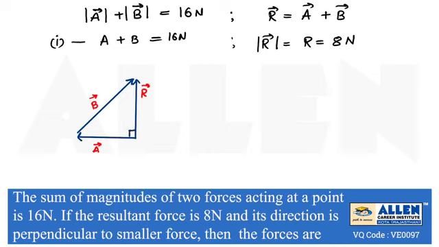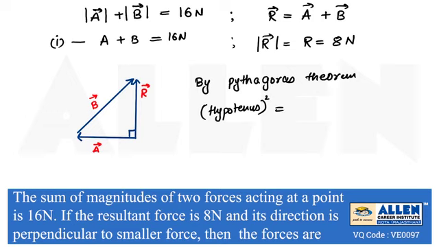So here we have the value of the perpendicular, that is R vector equal to 8 Newton, and we have the summation of the magnitudes of two forces, that is A plus B equal to 16 Newton. Now on solving this we can use the Pythagoras theorem, according to which hypotenuse square is equal to perpendicular square plus base square.